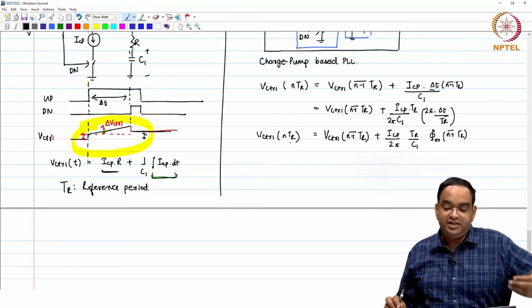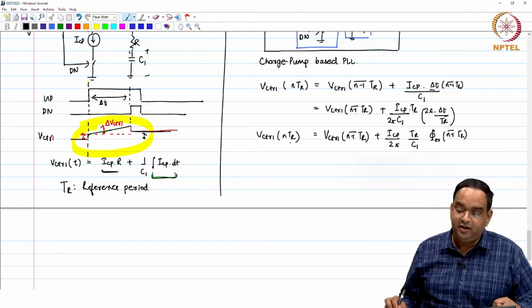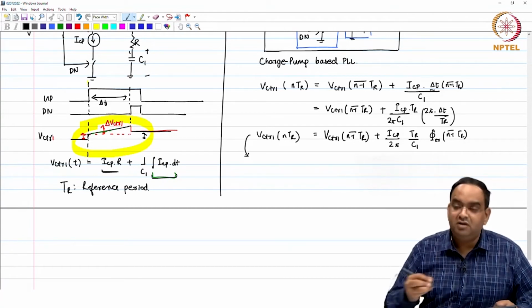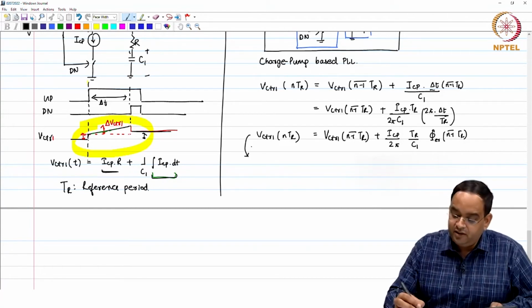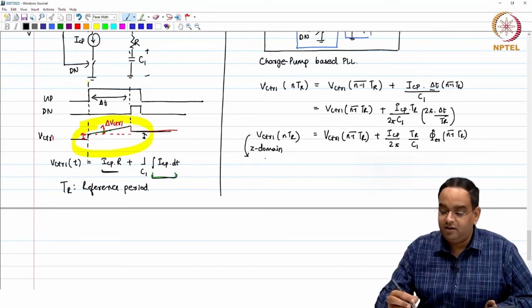I am looking at the average change in the control voltage at every reference cycle. This I will convert into the Z domain, because it is a discrete domain.